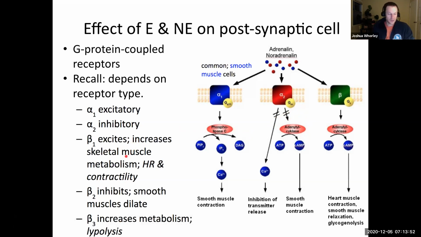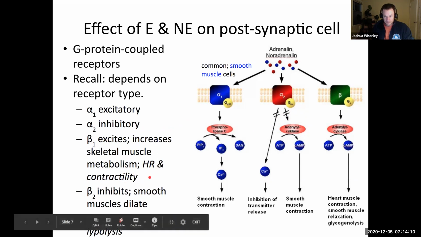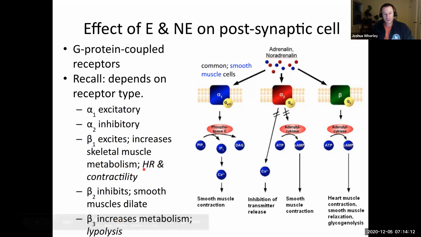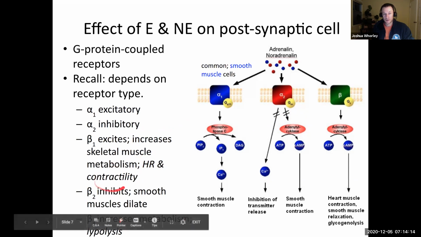That means they're increasing the rates at which skeletal muscle is making glucose available via digesting glycogen, or making fats available via importing fatty acids. The heart muscle, cardiac muscle, also expresses this receptor, and so that excites the heart muscle and increases the heart rate and increases contractility, or the strength at which the heart contracts.